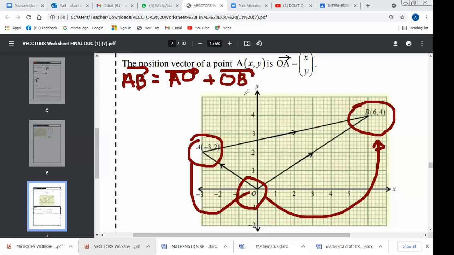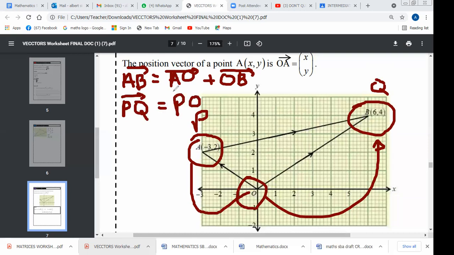And what I was inferring is that if I change the letters, let us say this is not A, let us say this is P, and the B is Q, what would the vector equation be? So PQ would be from P to where?